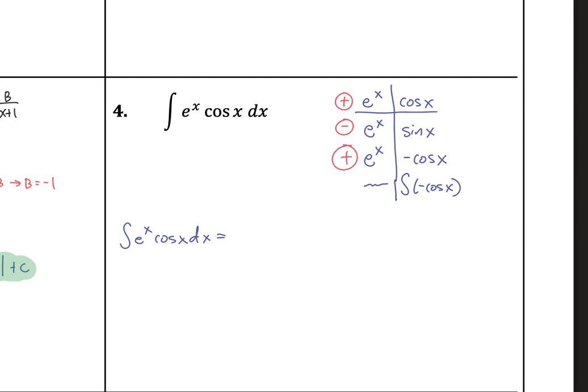Okay, so it'll equal e to the x sine x, and that'll really be plus, since it's minus a negative, plus e to the x cosine x, and this will be really minus the integral of e to the x cosine x dx, like that.